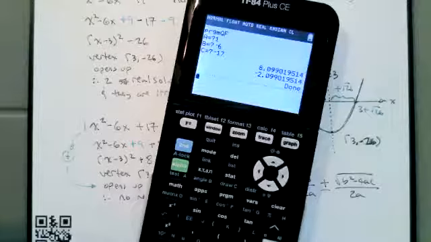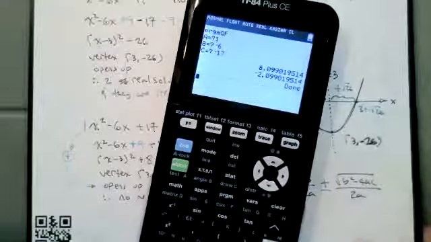Here's another thing that we notice. When the vertex was at (3, -25), my solutions were at -2 and 8, and that was for x squared minus 6x minus 16.